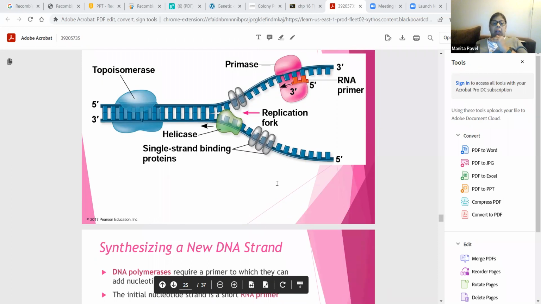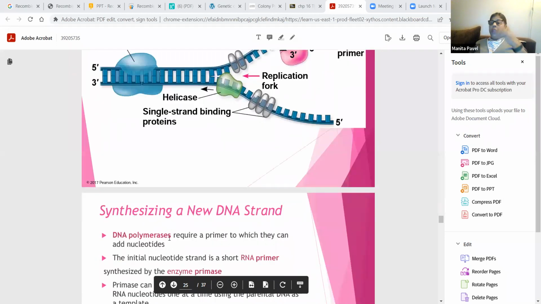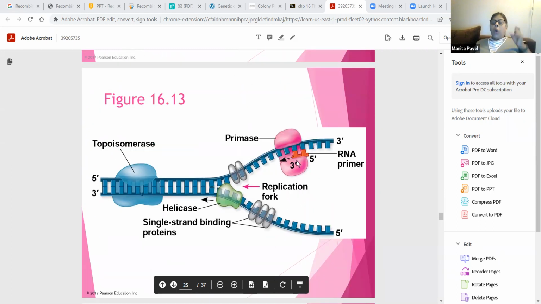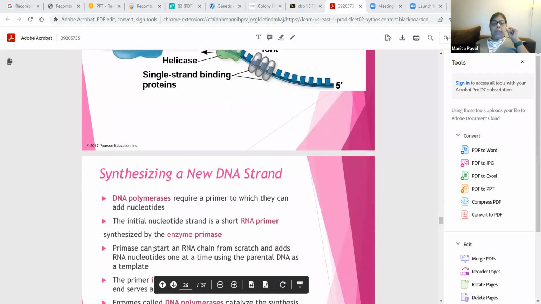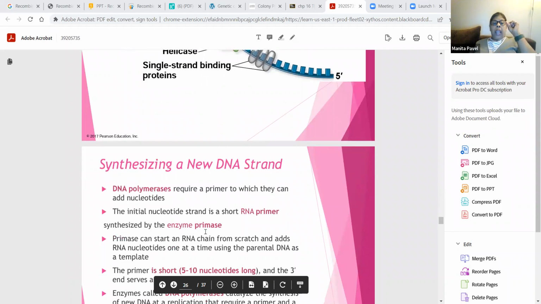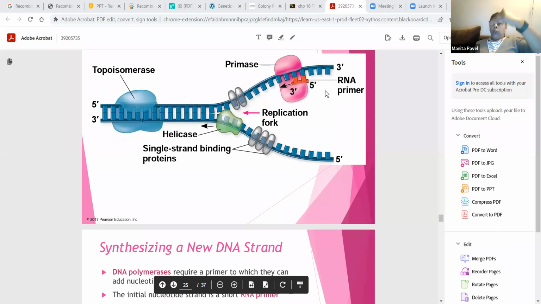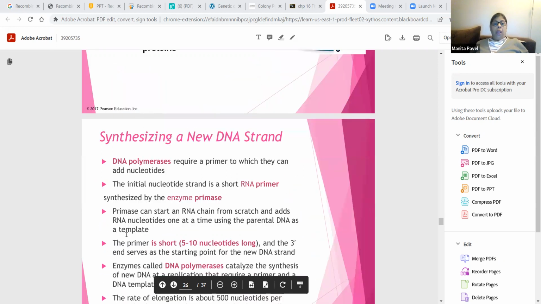And we can see here what DNA polymerase does: it joins the nucleotide sequences. So it requires a primer to which it can add the nucleotides. And that primer is always moving because it's an RNA primer. It is a short RNA primer, about 5 to 10 nucleotide sequences long, but it would be added from the 3' to 5' position.